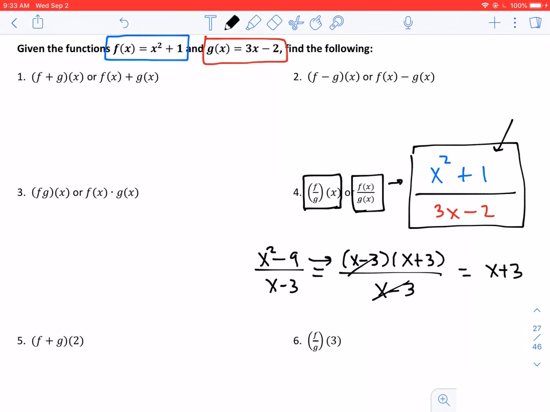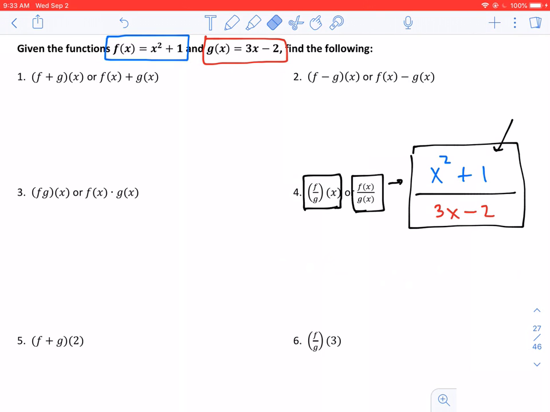Right? So we want to see if we can simplify here. In this case, x squared plus 1 does not factor, because that's not a difference of two squares, that's a sum of two squares, and sums of two squares do not factor. Okay? So this is our final answer.